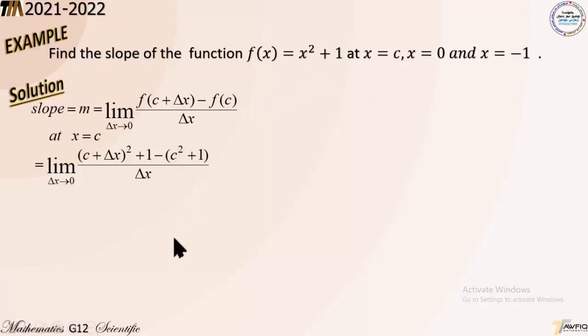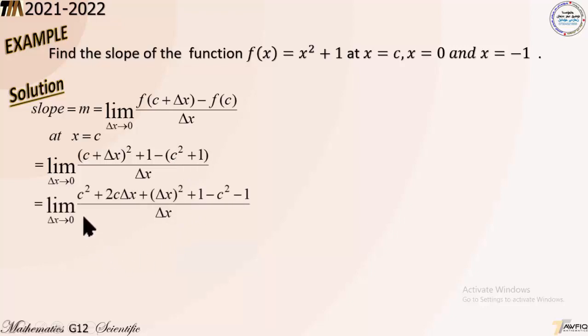And now simplifying this limit, it becomes c squared plus 2 times c times delta x, which is 2c delta x, then plus delta x squared, plus 1 minus c squared minus 1. Cancelling c squared with c squared and plus 1 with minus 1, the limit as delta x approaches 0 of 2c delta x plus delta x squared over delta x.